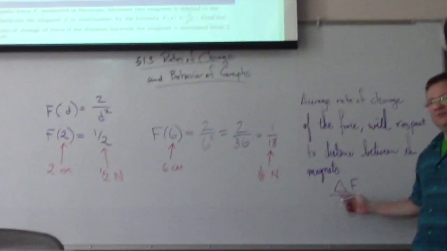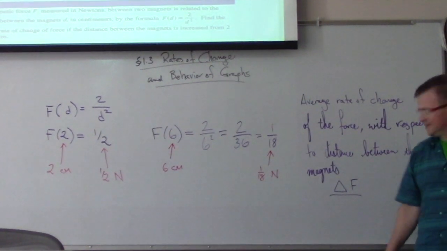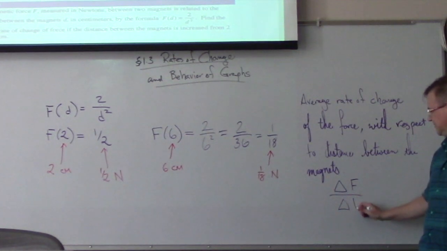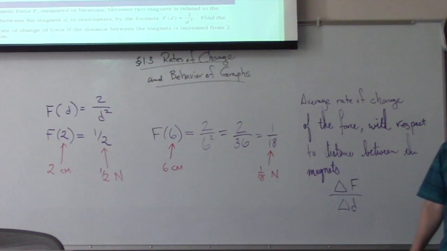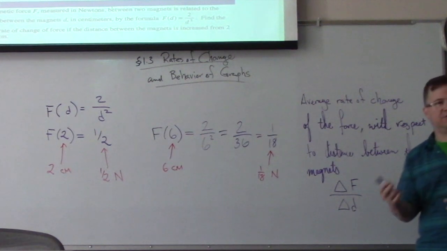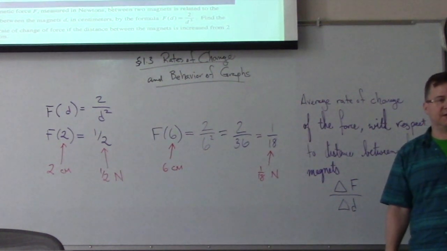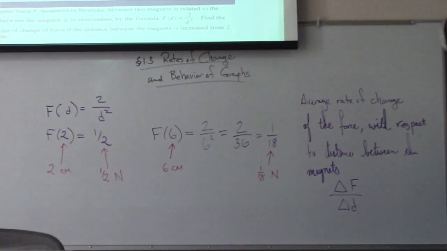So delta, you could just say it's like difference or subtract, right? If d is for distance, I'm going to see how much the distance changed by. And by dividing, I can see the rate at which the force changes for each change in the distance.